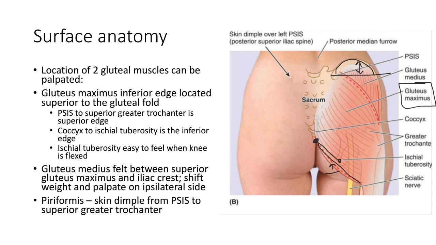The piriformis, if you look at the skin, draw a line from the skin dimple, which is the PSIS, to the superior portion of the greater trochanter, that's where the piriformis is going to be as well.